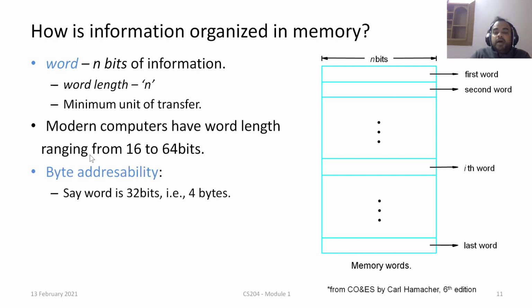Now, when we say byte addressable memory, what it means is, even though this is n bits, and let's say n is 32 bits, it means that it has 4 bytes: byte 0, byte 1, byte 2, and byte 3. And because we say that memory is byte addressable, it means that each of these bytes of this word has a unique address to it.